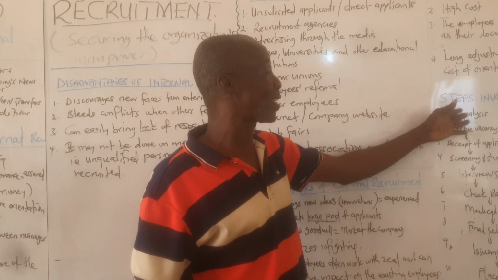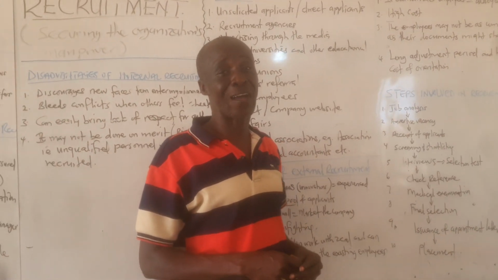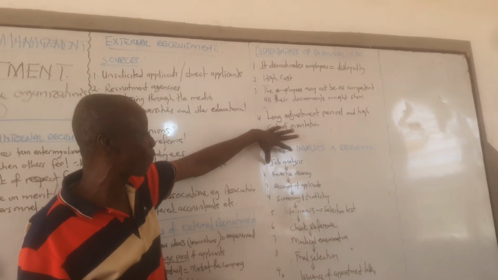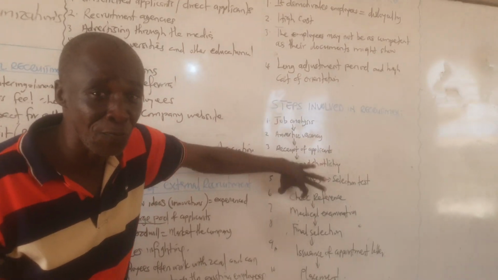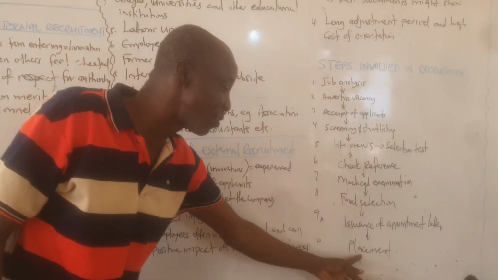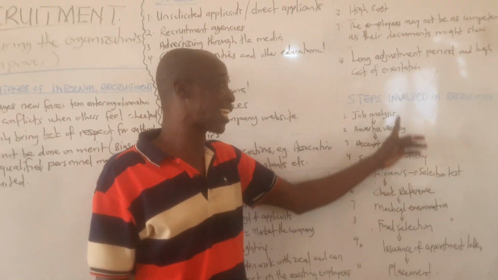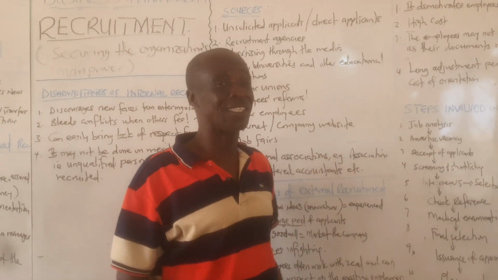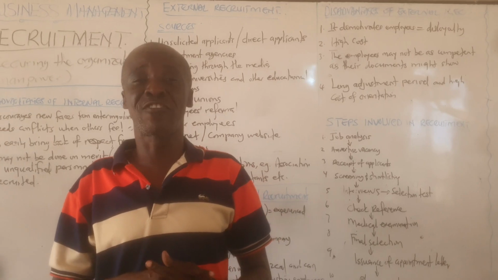Some will say that you specify the job description, you specify man profile. When they say you specify job description or man profile, that is looking at the job analysis. Then from there they will be moving to other steps. Some will not even bring placement. But you try as much as possible to look at it, whatever it is. Most of these things will be found everywhere, but there may be slight variations.